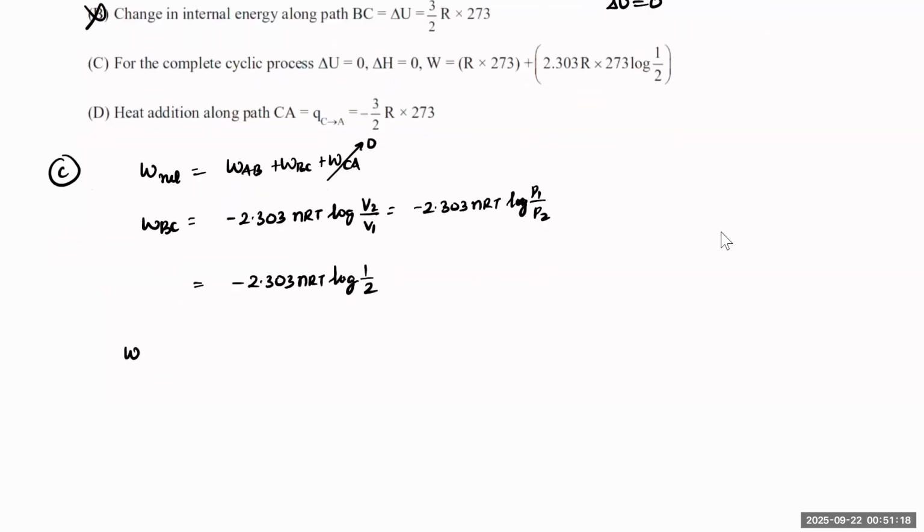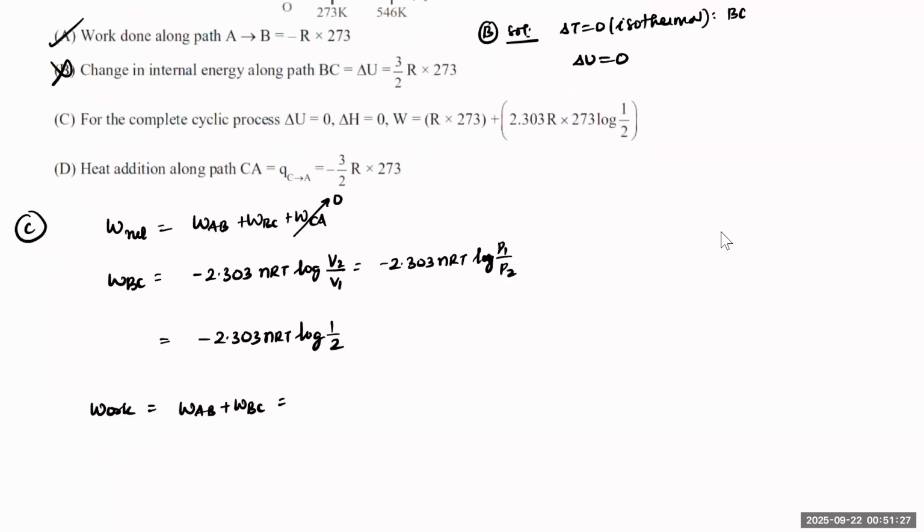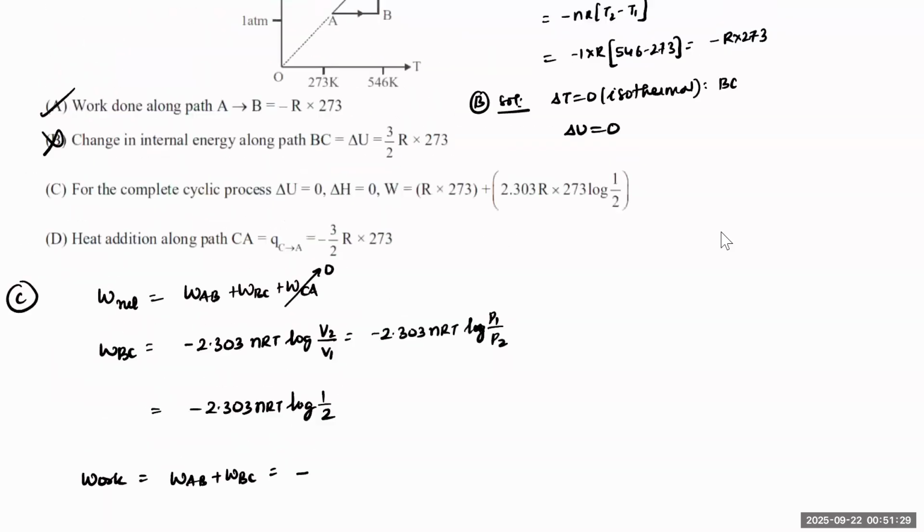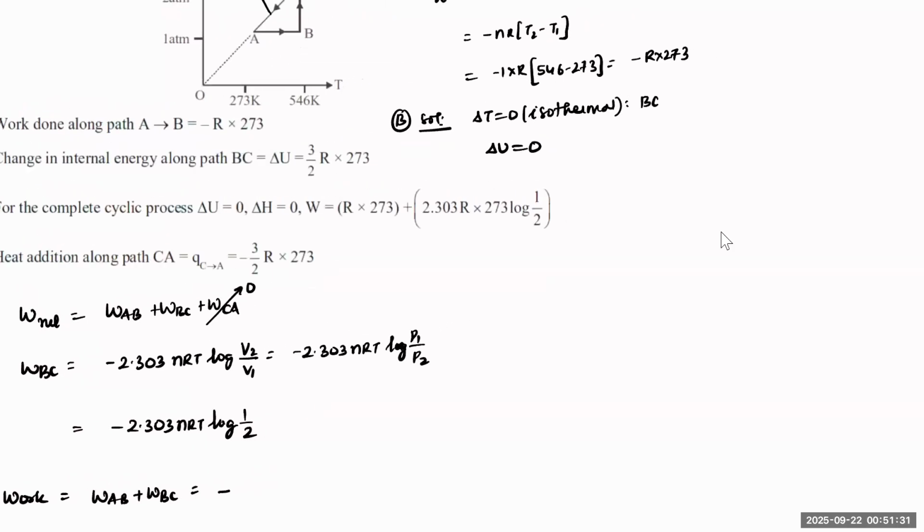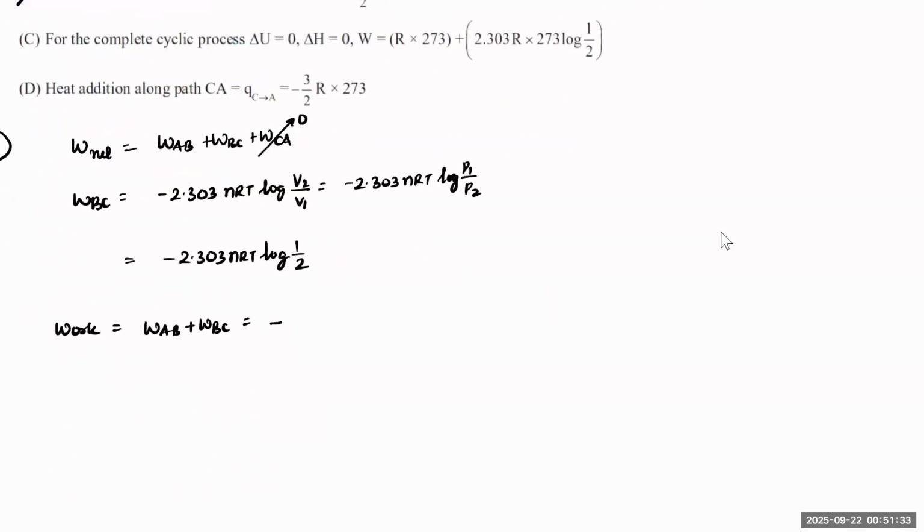So therefore, total work done will be equal to WAB plus WBC, which is equal to minus of 273R, minus 273R plus, obviously this will also be minus, 2.303 RT log of 1 by 2.